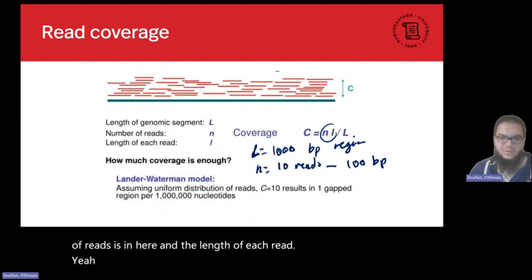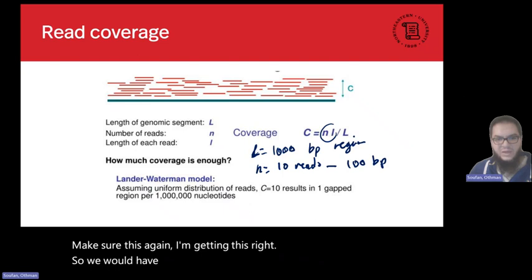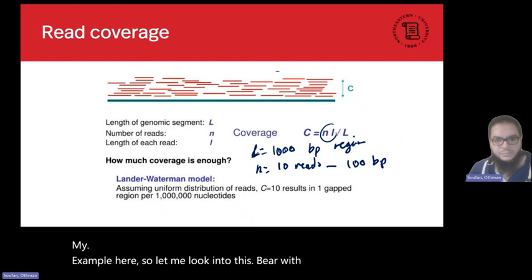Let me look into this, make sure I'm getting this right. I'm having some issue with my example here, so bear with me.